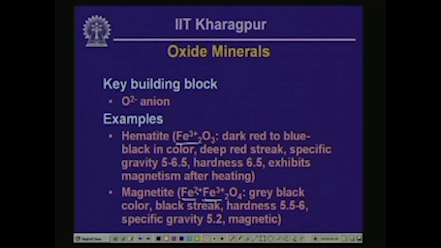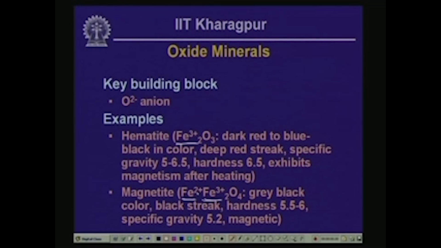So, they are very similar to each other in a sense. Let's look at this because that could be of interest. Hematite is dark red to blue black in color, very dark in fact. It has a deep red streak. The specific gravity of hematite is 5 to 6.5, hardness is 6.5, and if you compare these properties with magnetite, again you have a grey black color, which is again a dark color.